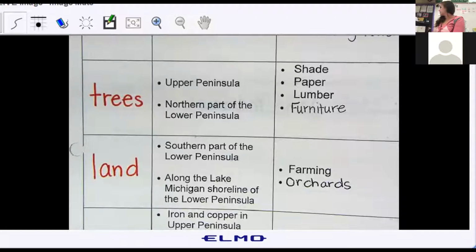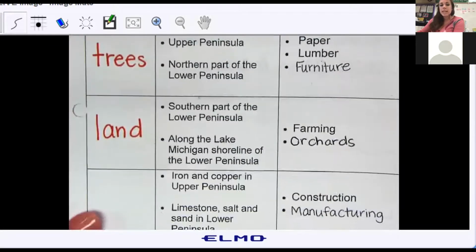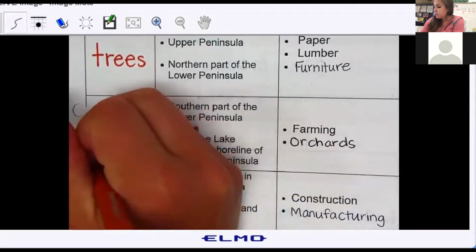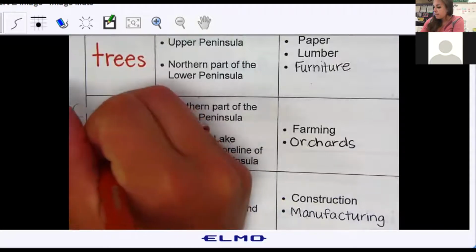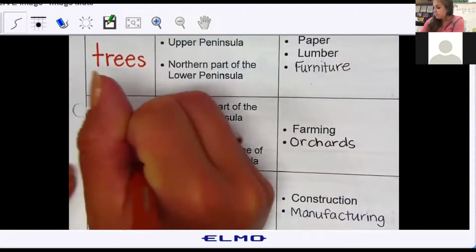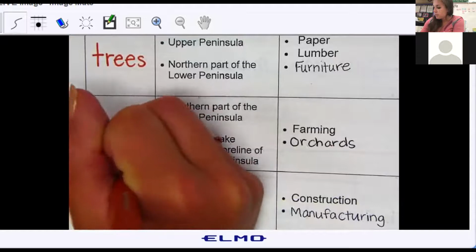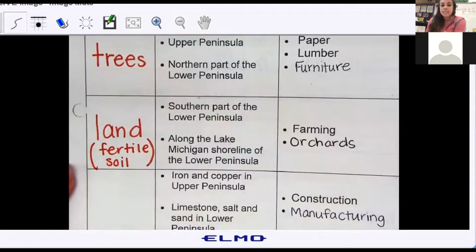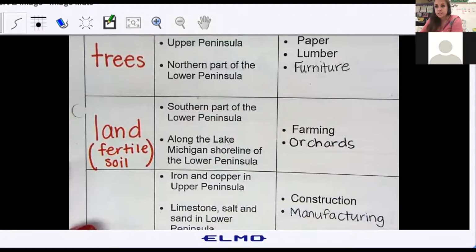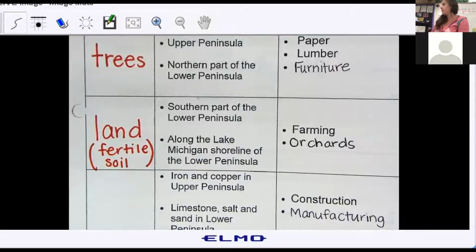So it's not just the land. Underneath it, we're gonna call it fertile soil. Soil, we've learned in science, is a scientific name for dirt. Fertile means things can grow in that dirt. Not all dirt is good for growing. We have to make sure it's fertile and can grow really well.